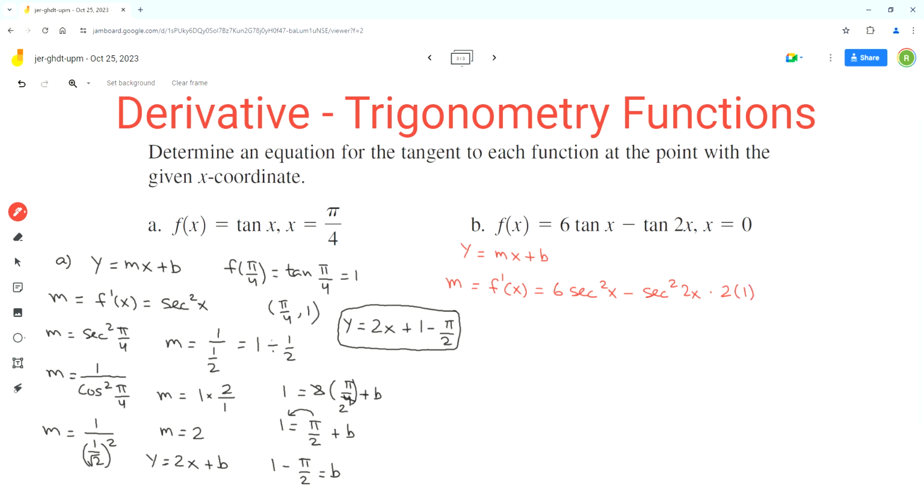So 2 is the coefficient of the term, so it will stay as it is, and the derivative of x is 1. Now we can simplify this expression. In the second part, 2 times 1 is 2, and we can move the 2 to the front of the secant.